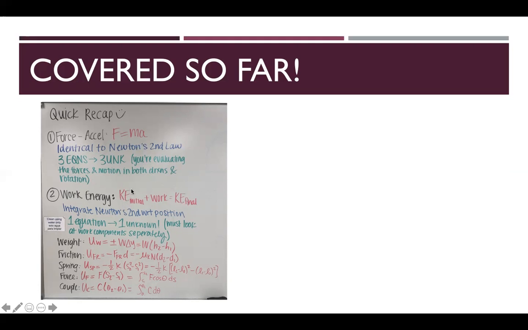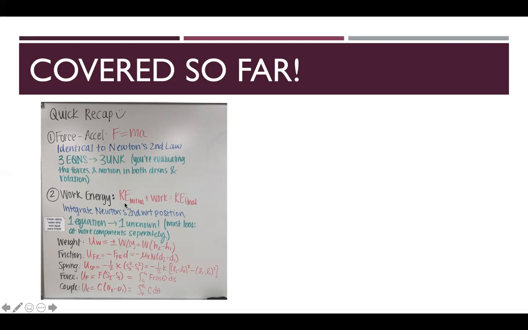So you have the initial kinetic energy, which is usually what's given in the problem, and then some work done on that body, and then you have to find what that means for the final kinetic energy. But all of this is done in one equation, right? So it's the initial kinetic energy of the system, plus the sum of the total work done on the system by all of the forces, and that is the final kinetic energy of the system.